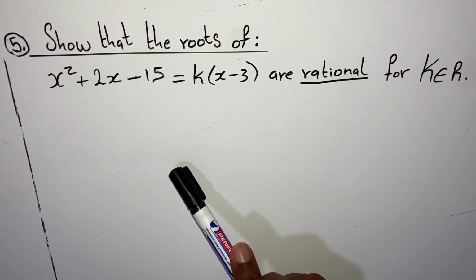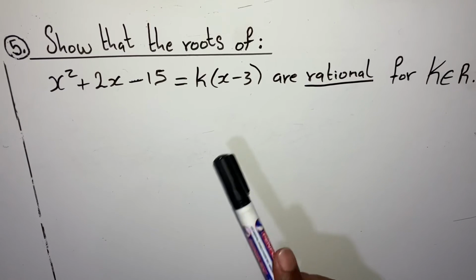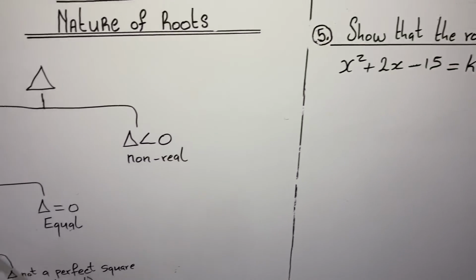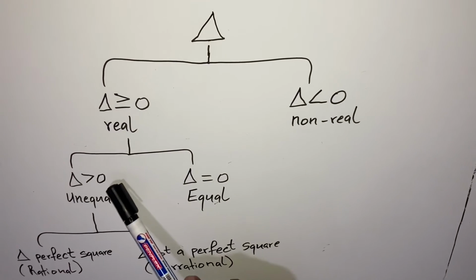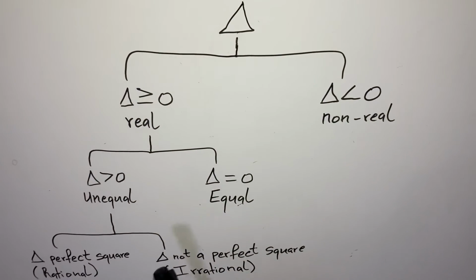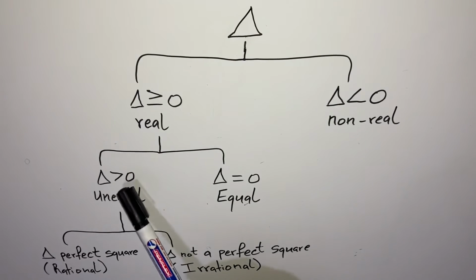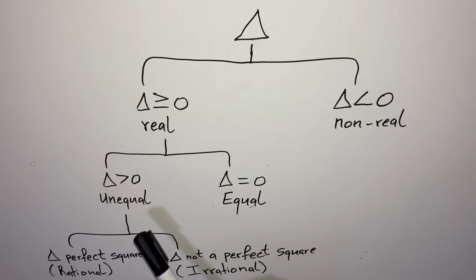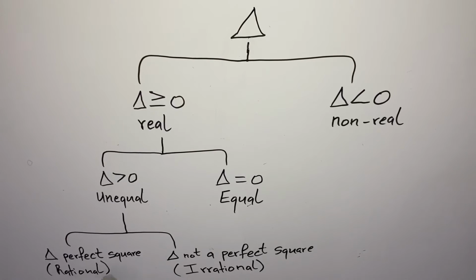So for your roots to be rational, it means that you'll have to find your delta being greater than 0. So now we are to show that the given equation will give us a delta that is greater than 0. Then we'll conclude that our roots are rational.